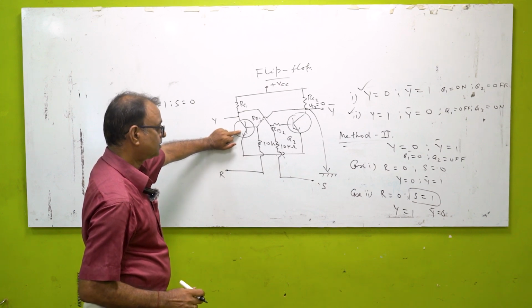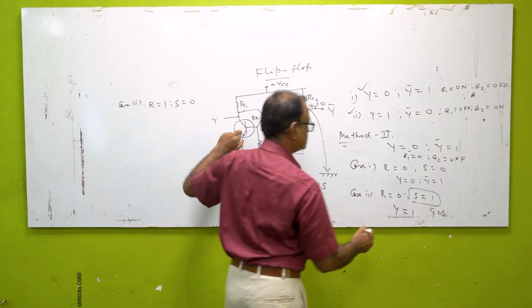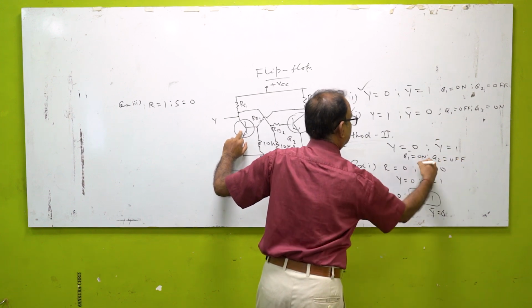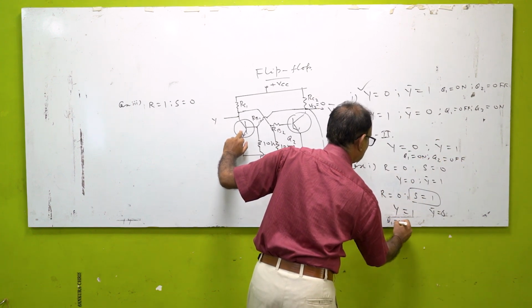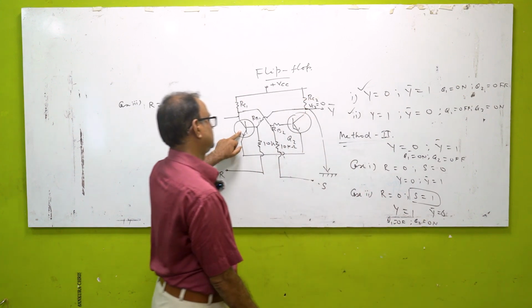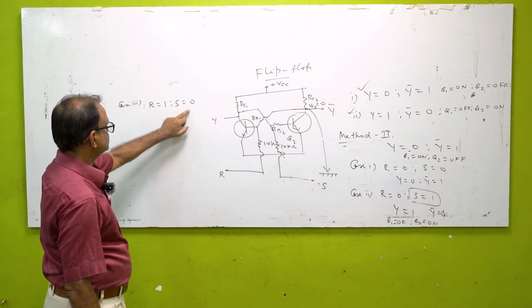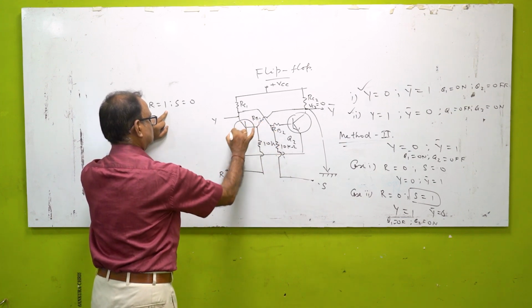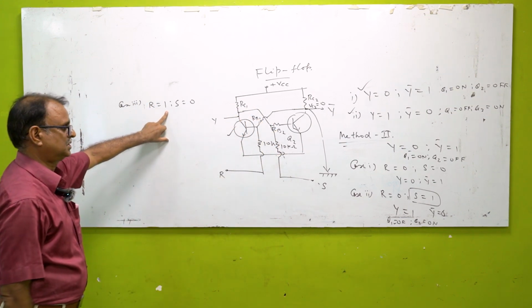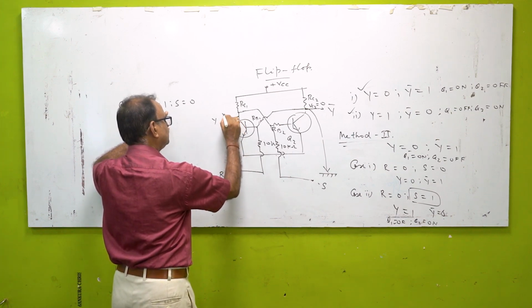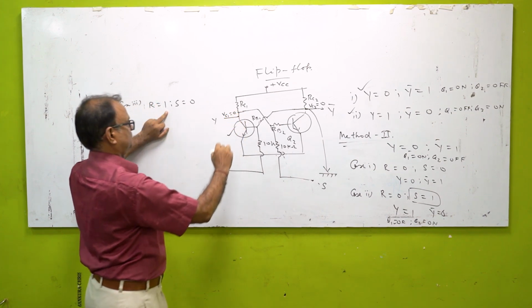Q1 was off, and now Q1 is on and Q2 is off. So when S is equal to 0 and R is equal to 1, this transistor goes into saturation, and the voltage Vc1 becomes equal to 0.